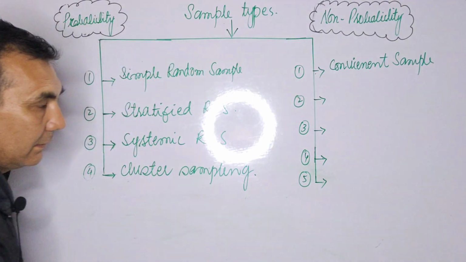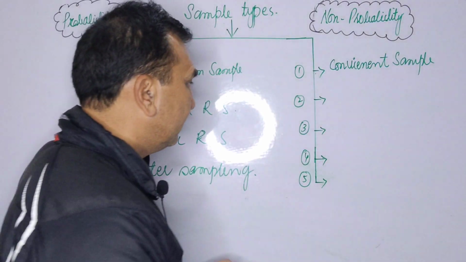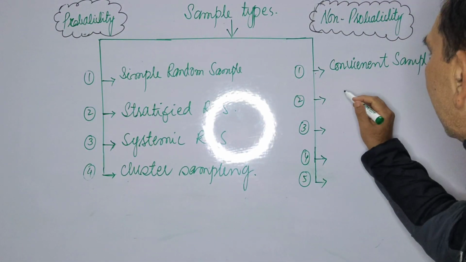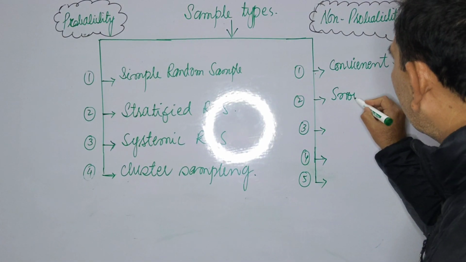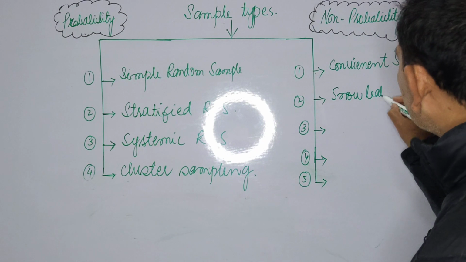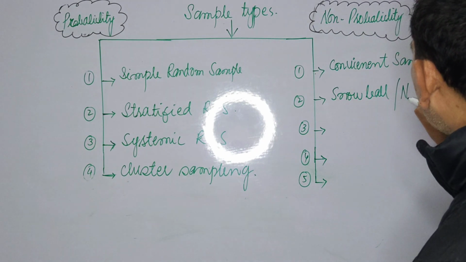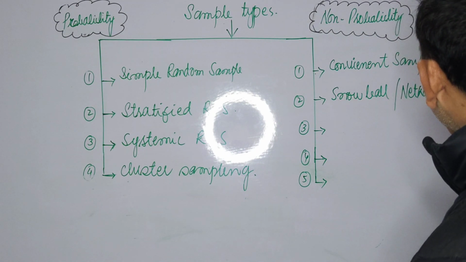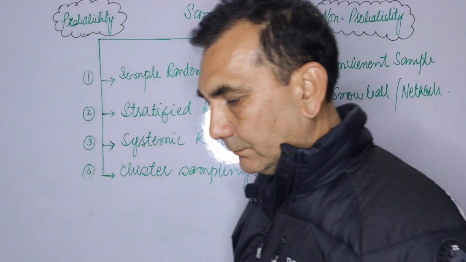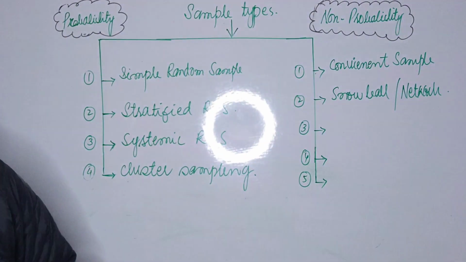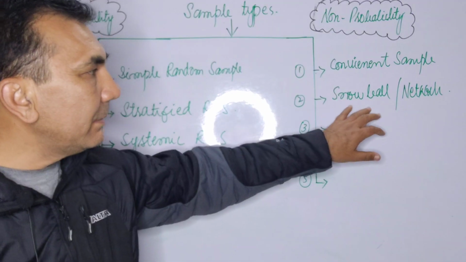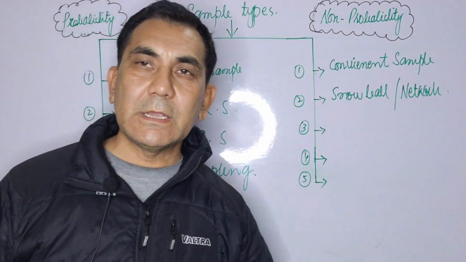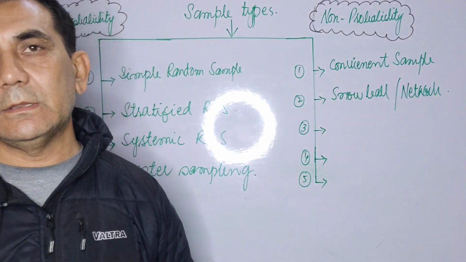Now the second type is called snowball sampling, or network sampling. Network sampling or snowball sampling is again a type of non-probability sampling.